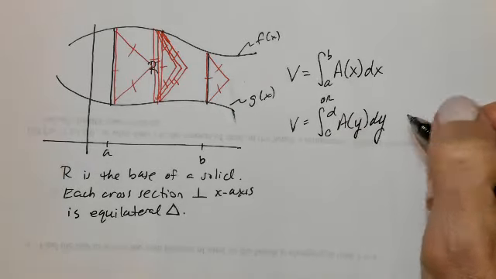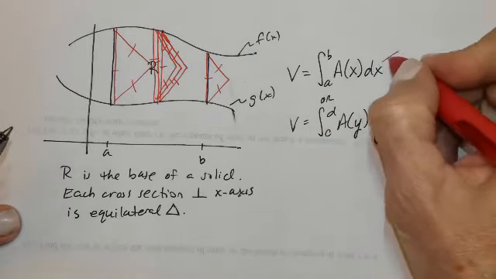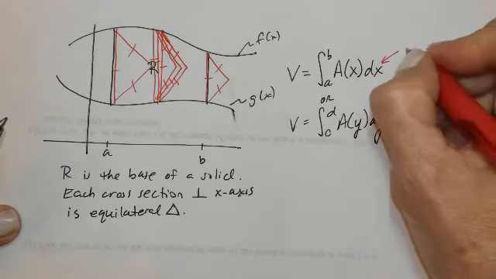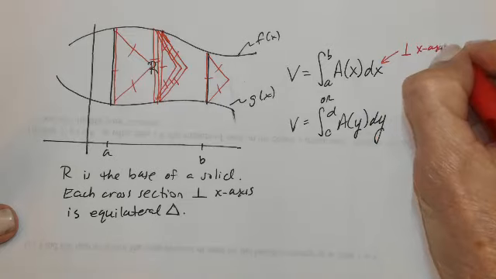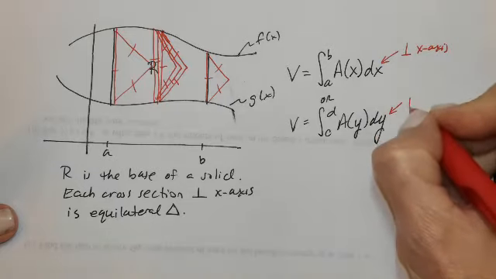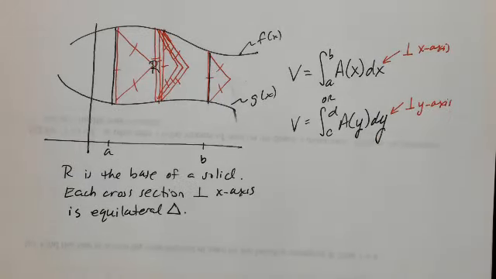Those are our most basic formulas. And again, with respect to x, the cross-sections are perpendicular to the x-axis, and with respect to y, perpendicular to the y-axis. So back to our specific problem.